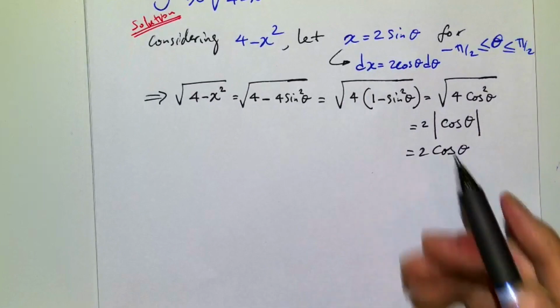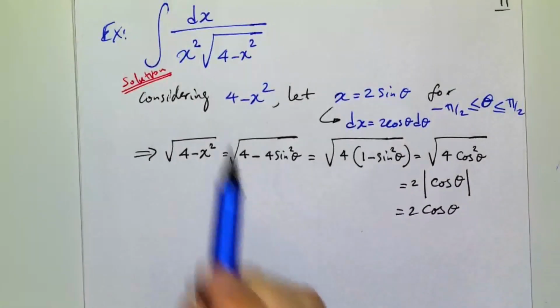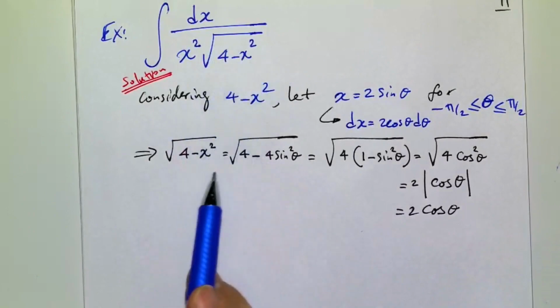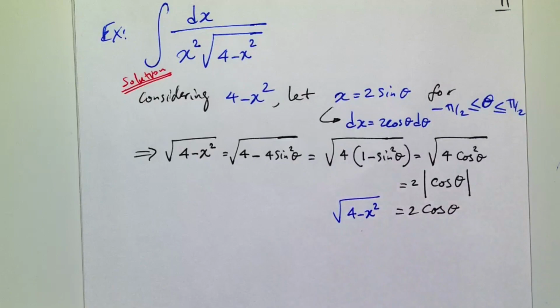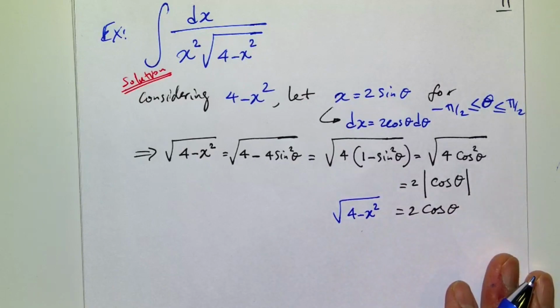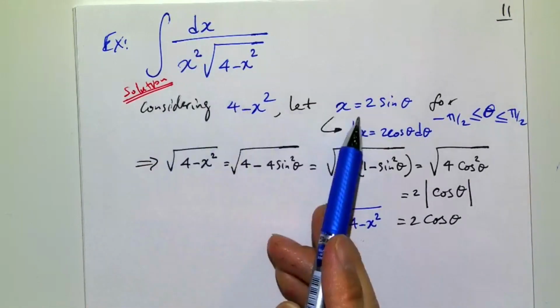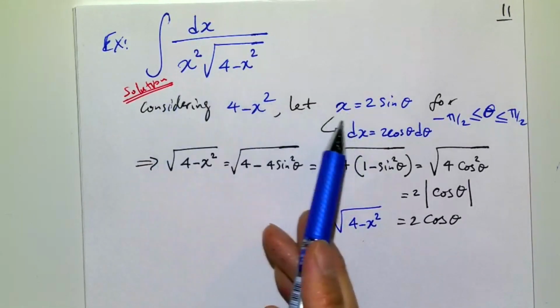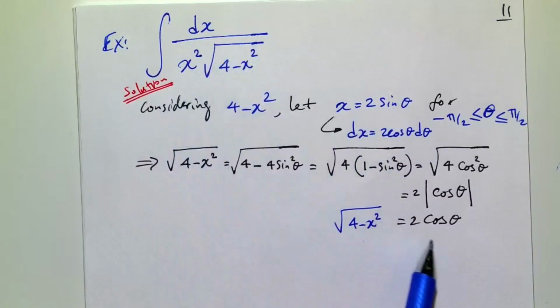All right, so now what we ended up with is we found an equivalent for the square root of 4 minus x squared, equal to that. So we can substitute for the rest of that with what we have here. So x squared would be 4 sine squared theta, and all of that would be replaced by 2 cosine theta.